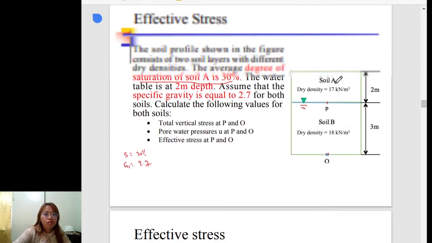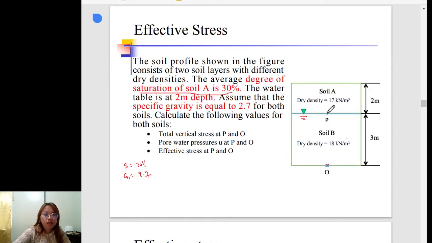To compute the total stress at point P, what you will use is not the dry density of the soil, but it should be the moist density of the soil. Since the dry density is given, we will use it to get that.